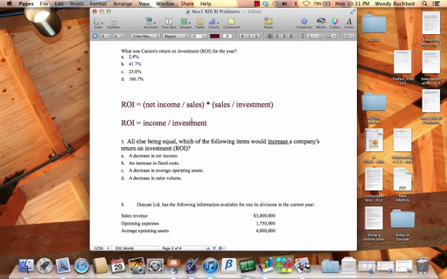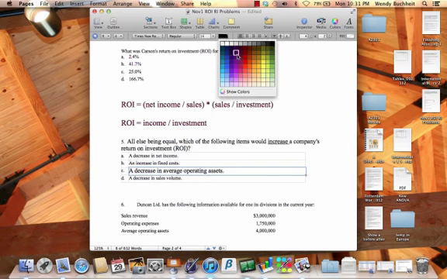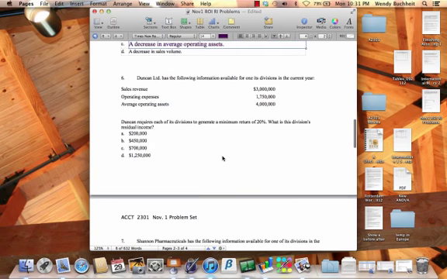If you make the denominator smaller, that will make ROI bigger. It hints that you're using fewer resources and ostensibly making the same income. C is the correct answer to this particular question. All right, so far pretty straightforward questions, and for this chapter they are.